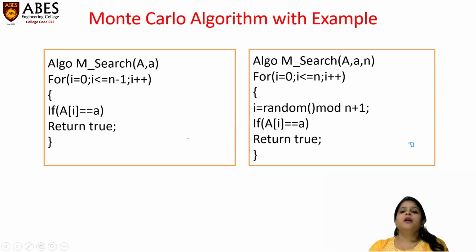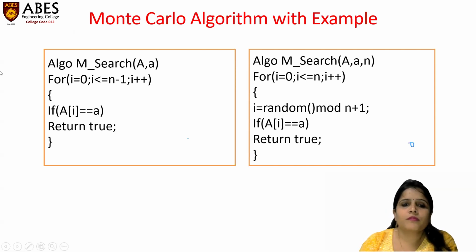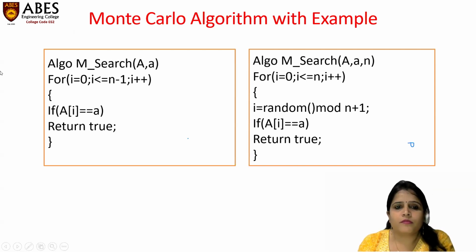So first we'll discuss the Monte Carlo algorithm with the help of an example. Suppose first we discuss the linear search algorithm. In case of linear search, we are just given a list of elements.